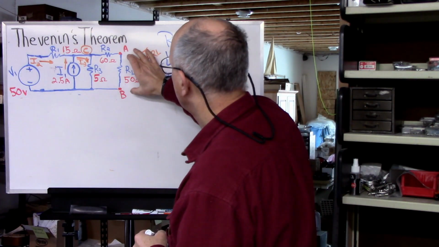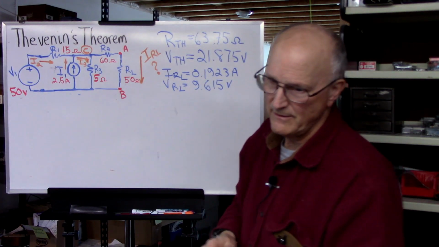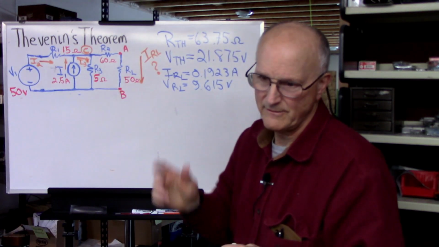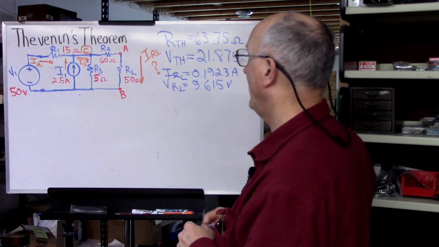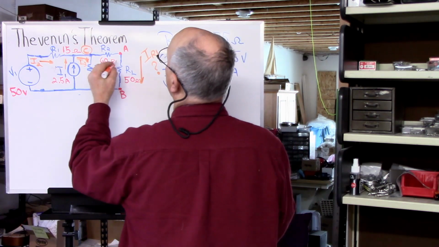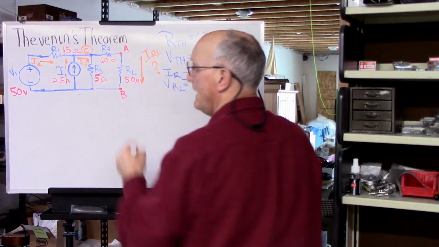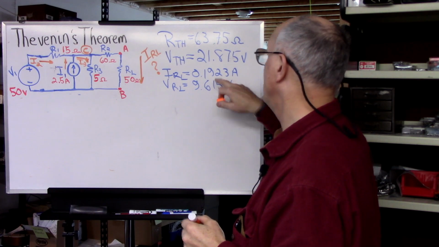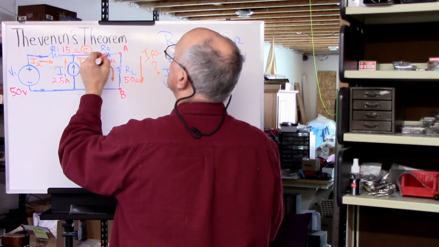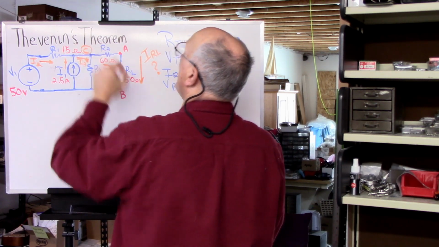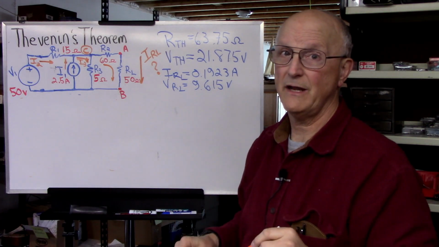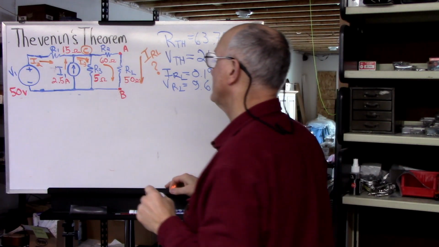Well, we know the voltage across here is 9.615. We know the current through here is 0.1923. Now, that means that if the current through this resistor is 0.1923, because these are in series, the current through this resistor also has to be 0.1923 amps.